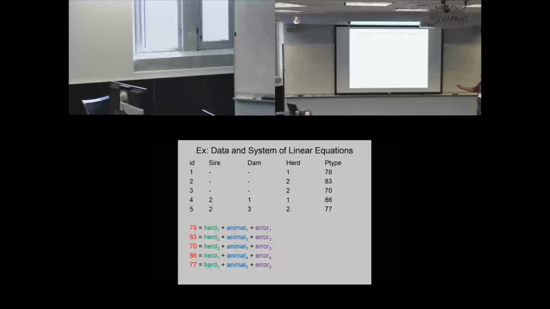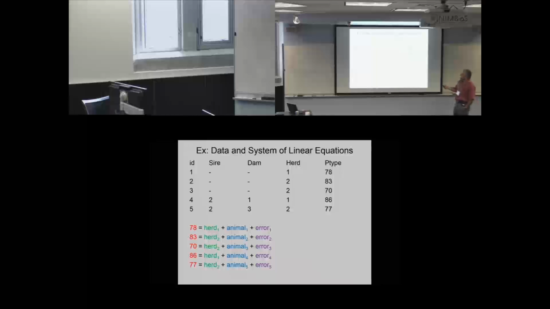Every individual belongs to either herd 1 or herd 2, and every individual has a phenotype. You could have this be whatever you want it to be. If it's a herd of cattle, maybe it's the weight of the steaks. It can be whatever your favorite meat trait is.